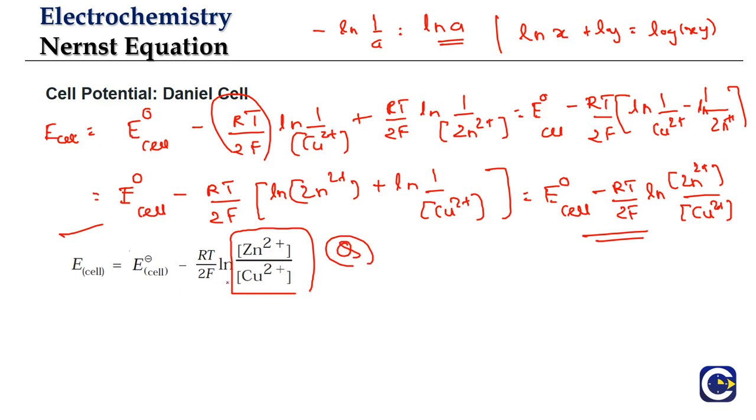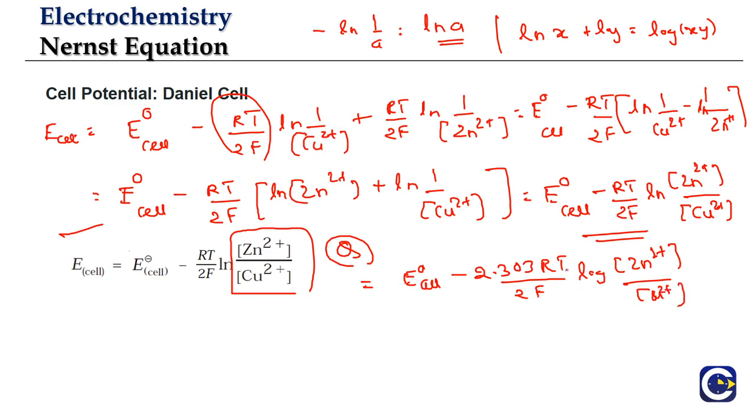So if we want to convert this into the decimal logarithmic form, what we will be having is E cell is equal to E naught cell minus 2.303 RT by 2F log zinc 2 plus ion concentration by copper 2 plus ion concentration.